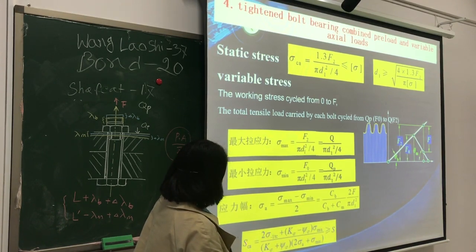We can calculate the safety factor S CA, and the S CA should be larger than the allowable S. Sigma minus 1 is the endurance stress of the bolt under completely reversed stress.